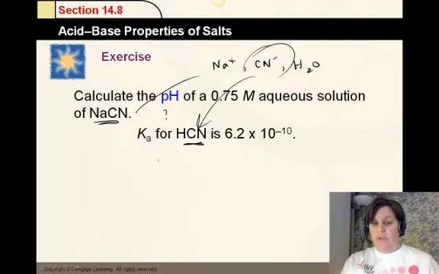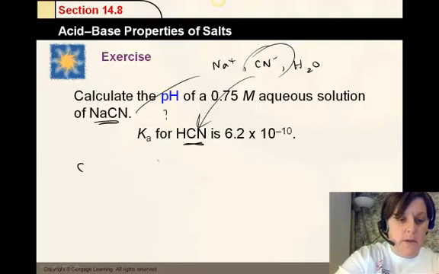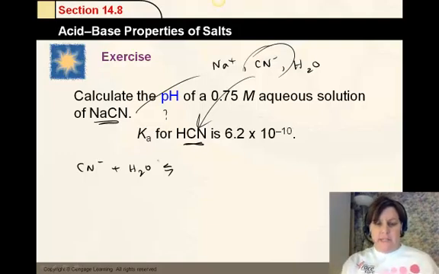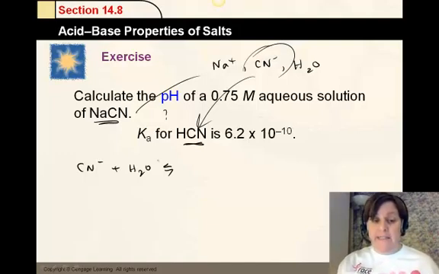And then what we have to do is show CN negative reacting with water, acting like, in this case, what is it acting like? An acid or a base? Well, I see it says Ka here, so part of me really wants to have it acting like an acid, but it's going to be really difficult to have CN negative release a hydrogen, because guess what?